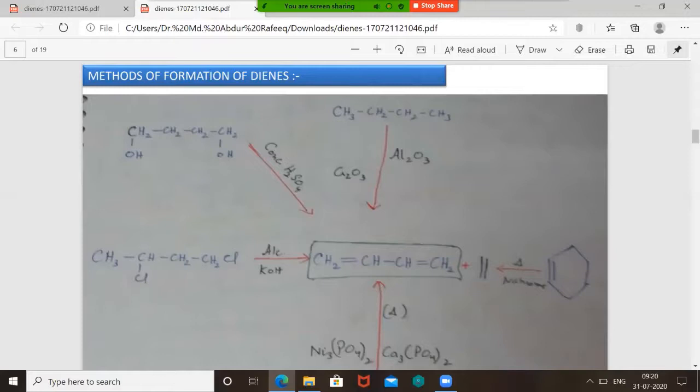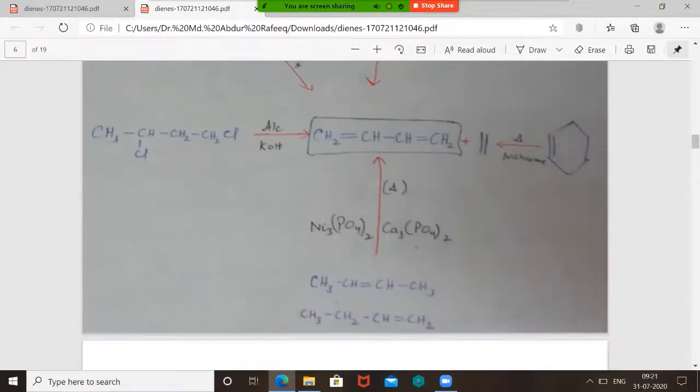Or you just see here, this is hexene, when it is heated you get 1,3-butadiene. Similarly, if butane is heated in the presence of nickel phosphate or calcium phosphate, you get 1,3-butadiene.